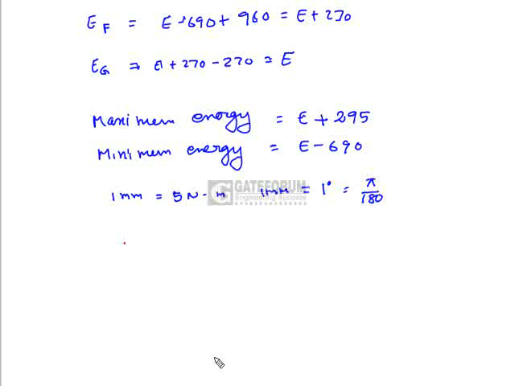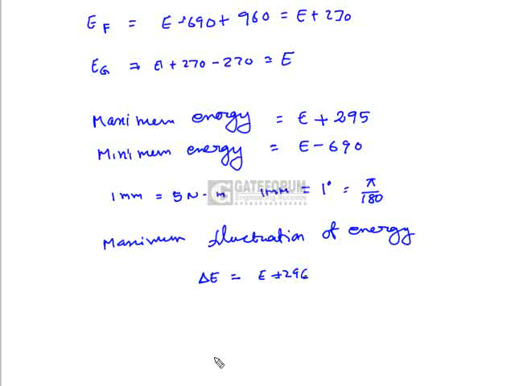So the maximum fluctuation of energy is E plus 295 minus E minus 690, which is equal to 985 mm square.